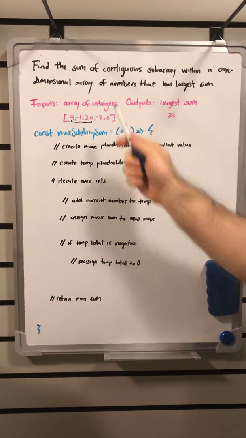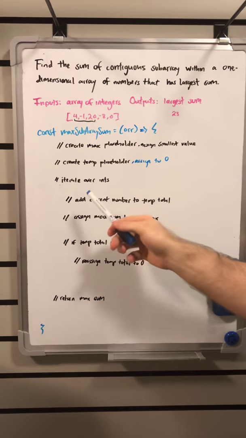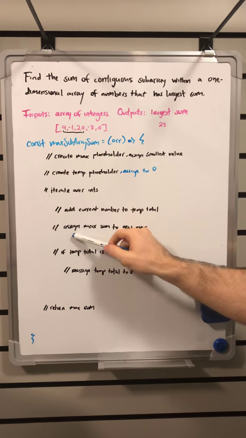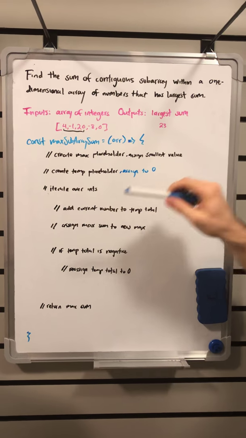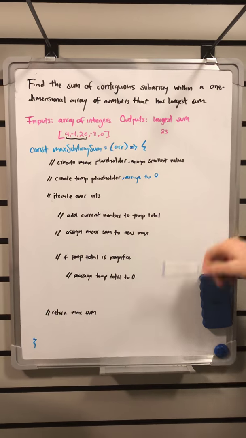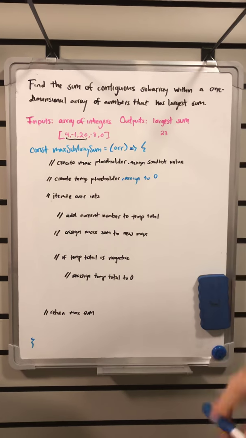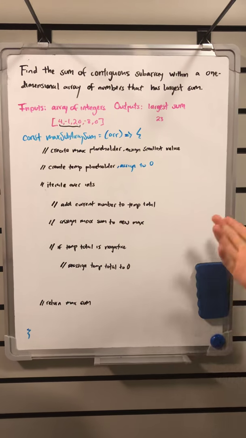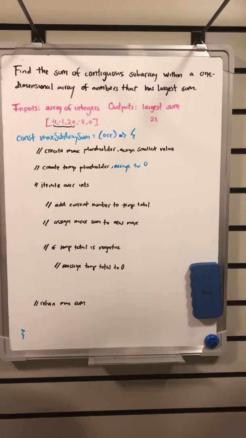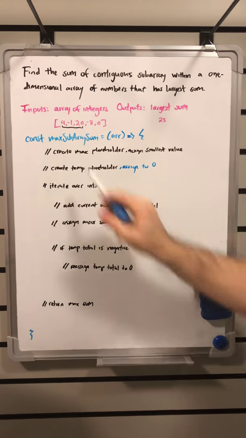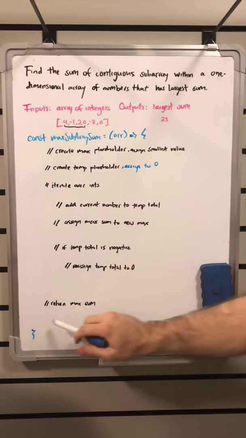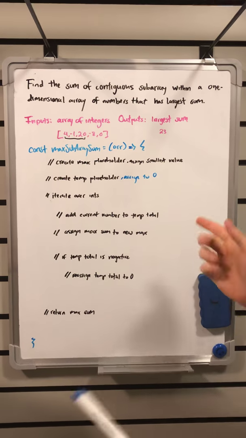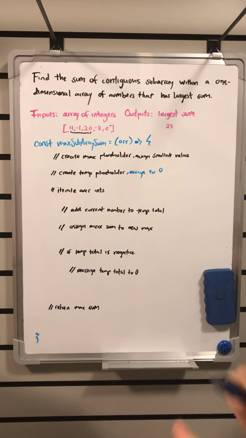Then we're going to iterate over the given integers, add each current number to the temporary total, and then choose between that temporary total and the max, which is the new max. And if the temporary total is negative, we're going to reassign our temporary total to 0. Then once we iterate through all of our numbers in O(n) time, we're going to return what our max should be. So let's get to coding this out now.